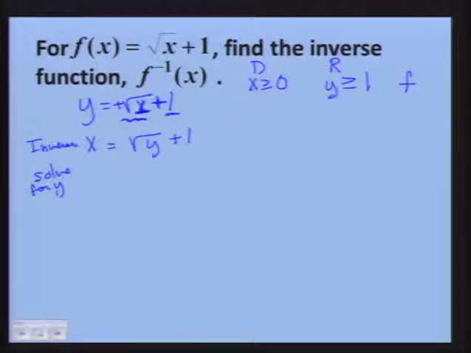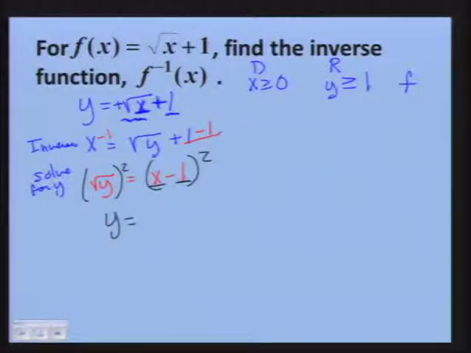All right, getting y by itself, I'll subtract 1 from both sides. And I have square root of y on one side, double check my arithmetic, and I have x minus 1 on the other side. So now I'm going to square both sides, not just each term on the right side, but the whole side. So I have y equals x minus 1 quantity squared.